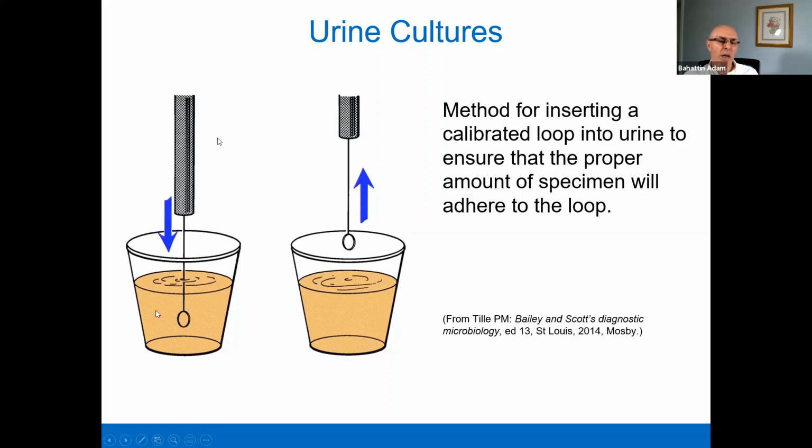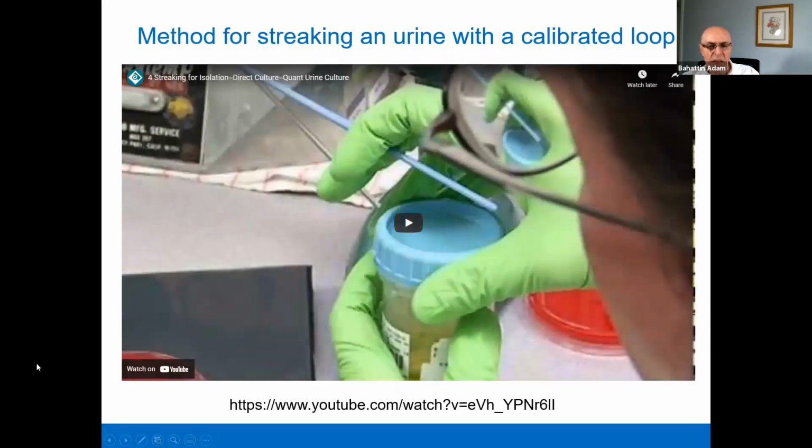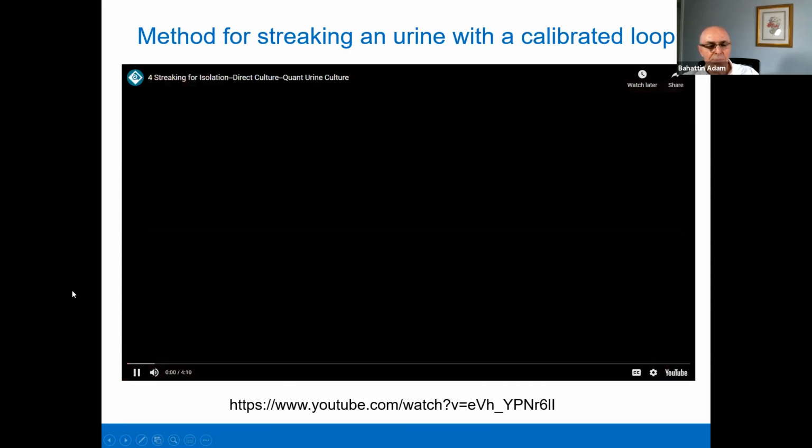These calibrated loops ensure that the proper amount of specimen adheres to the loop, so you are able to culture the same amount of urine each time. As you see here, that may be helpful to understand how we plate and cultivate the urine sample.